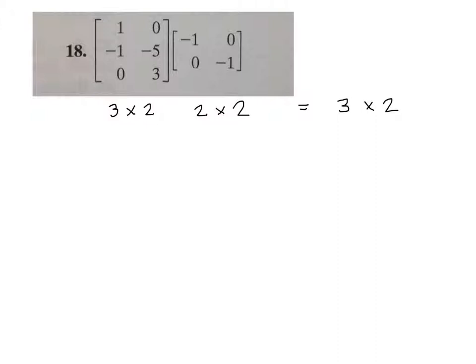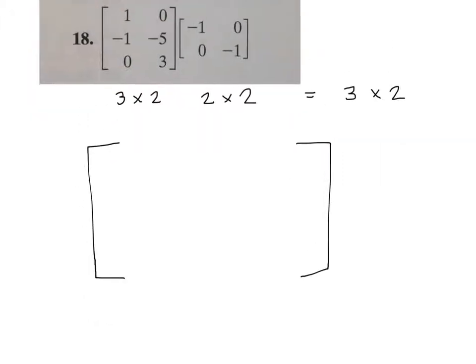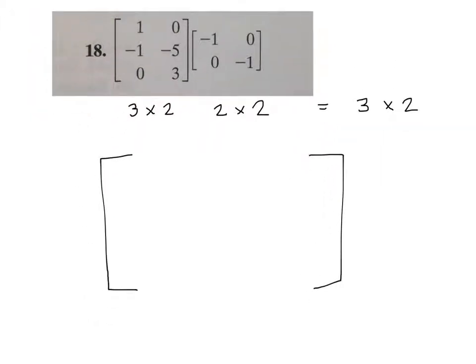All right. So for filling this thing in, we are going to take, for our first element here, row 1, column 1. So we will take row 1, column 1, and that'll be 1 times negative 1 plus, what's 0 times 0?